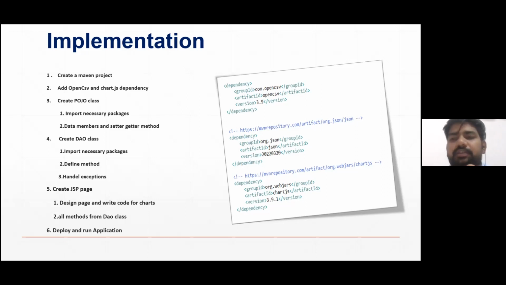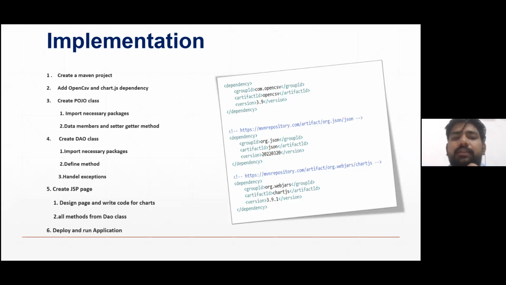We create the JSON object to share the information between two technologies. So we need to use the org.json library. And I also created the POJO classes for stock and imported the necessary packages and data members, getters, setters, methods.